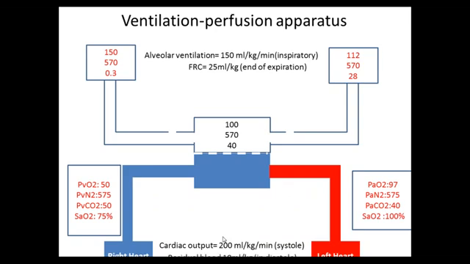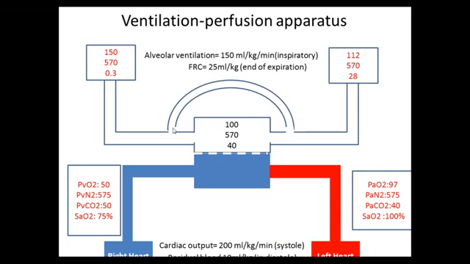At the same time, you have around 10 ml of blood remaining in the capillaries during diastole. So the 200 ml per kg per minute passes through the pulmonary circulation during systole, and this is per minute, and you have at least 10 ml of blood remaining in the capillaries even at the end of systole or beginning of diastole.